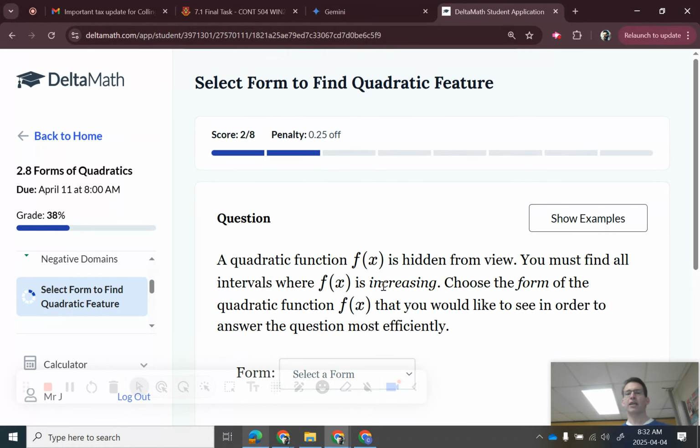I want to find the intervals where f(x) is increasing. Tell me, where is this quadratic going up this way, or where is it going up that way? What form would tell me most clearly where this quadratic is increasing? Standard, vertex, or factored? Tell me, where does a function transition from increasing to decreasing? At what point will it change?